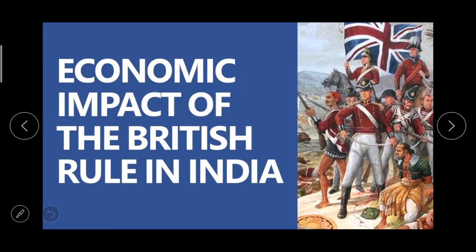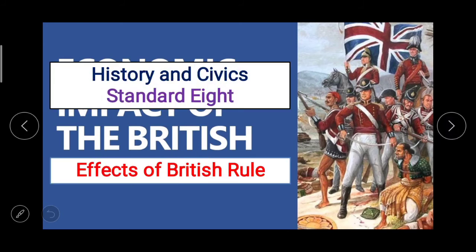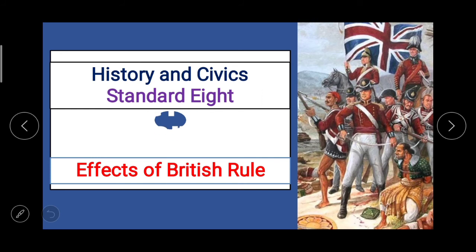My dear students, today in Standard 8th History, we'll be learning the topic Effects of British Rule. In this topic, we are going to talk about the establishment of East India Company, British and Marathas, Subsidiary Alliance, Chhatrapati Pratap Singh, then effects of British rule on India.